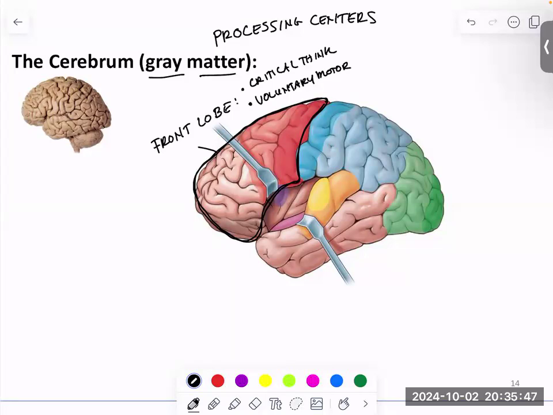It does more. Personality, memory. Does a lot. These are the two primary things I want you to familiarize yourselves with. It's responsible for how you're going to plan your days. What are you going to do? How are you going to overcome obstacles? And the muscles required to do so. Frontal lobe.